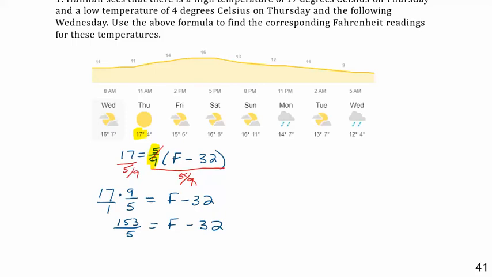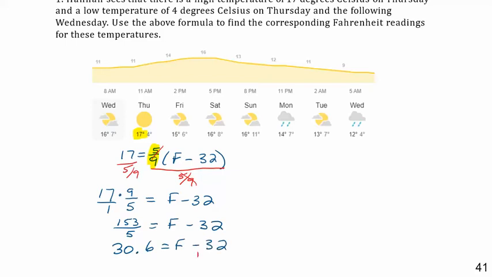I mean, when I say it's not a nice number, it's not a whole number. But fifths aren't too bad. So let's see. 5 goes into 150 30 times with 3 left over. And 3/5 is 0.6. So now we have 30.6 equals F minus 32.